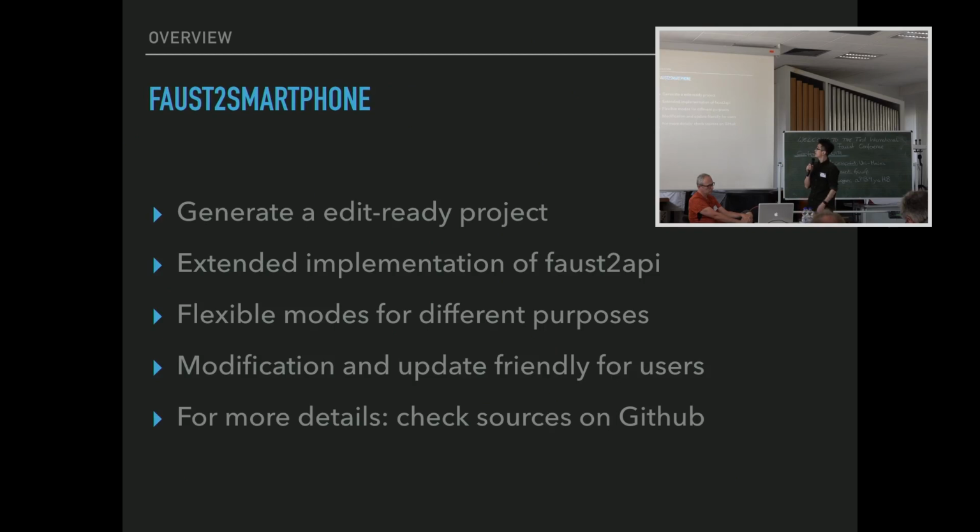So Faust2smartphone is also an extended implementation of Faust2API, but more general. It will generate edit-ready projects, and it's very flexible for updating and modifying for different purposes. You can check more details online. Of course, it's all open source.